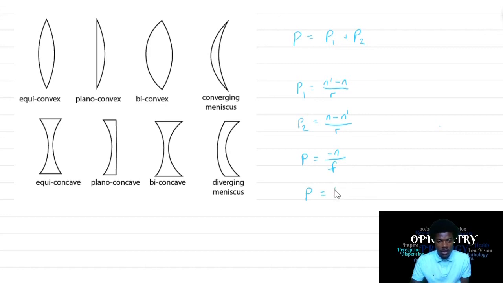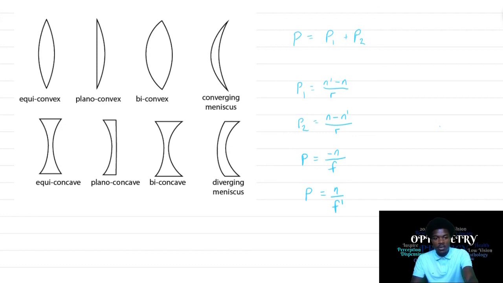In this case it wouldn't be minus, it will be plus N over F prime. This isn't N prime because in thin lenses we aren't going to consider the refractive index of the lens itself, because we are dealing with what we call para-axial relationships or para-axial angles, where the angles are small enough or negligible in these cases.